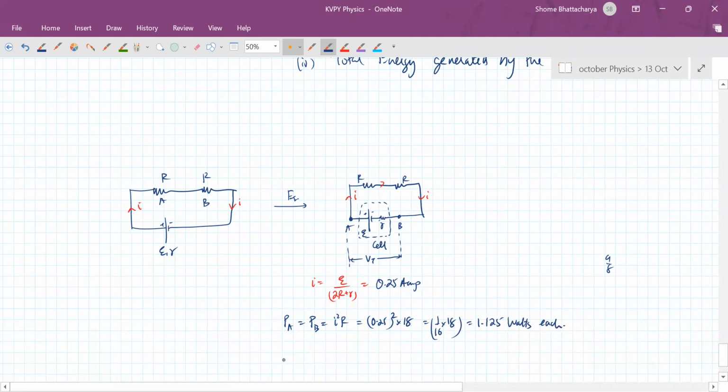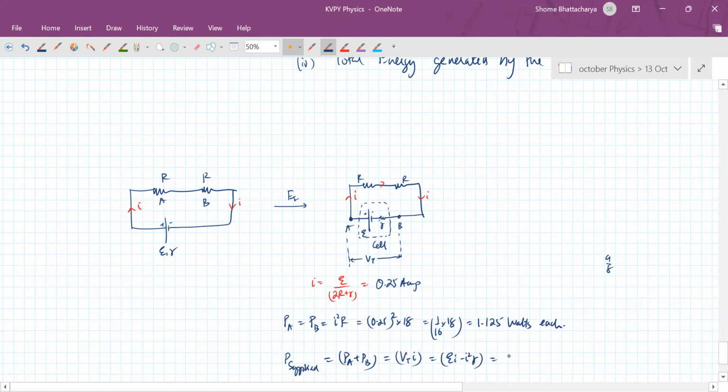Now you can also see that the power supplied by the source only has to be PA plus PB, logically also, and you can understand that that is basically also equal to terminal voltage into I, or E into I minus I square small r.